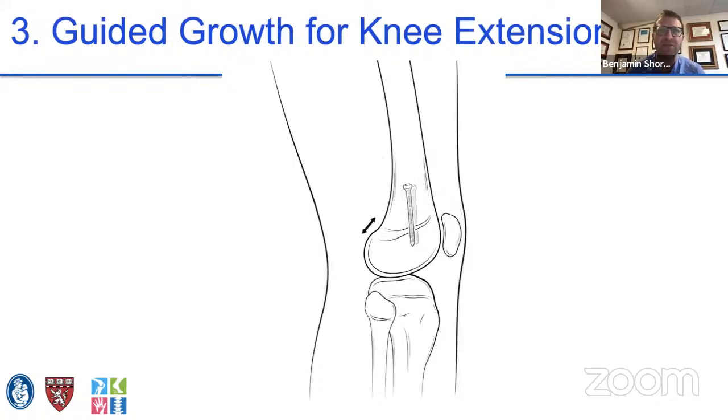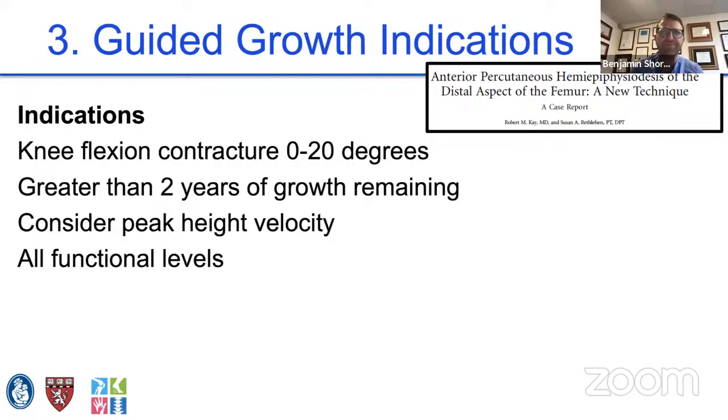So gradually over time, the knee grows straight. Bob K's written a lot about this, as we have also through Mission Impossible. The goal here is primarily for those kids who have a moderate knee flexion contracture, about 20 to 30 degrees, and at least 1 to 2 years of growth remaining.